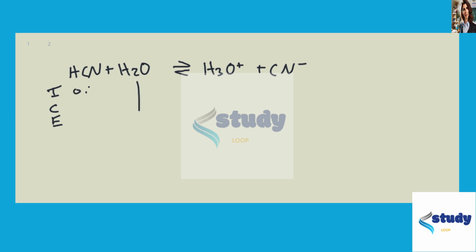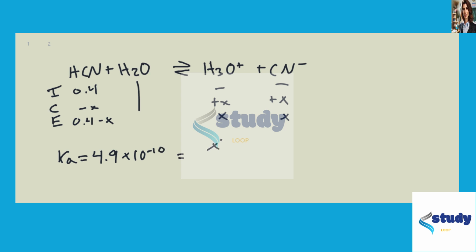So we have HCN plus H2O produces H3O plus and cyanide. So we do an ice table here to see how much cyanide concentration will be produced. We have 0.4 concentration of hydrogen cyanide, minus X, no initial concentrations here, plus X, X, X, and 0.4 minus X. And so we can set this equal to the Ka for hydrogen cyanide, which is equal to 4.9 times 10 to the minus 10.